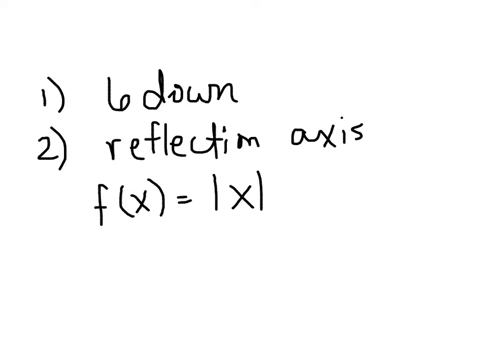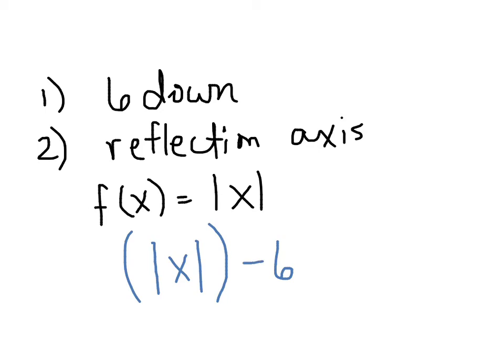Okay? So when we have something like this where it says a translation 6 units down first, followed by a reflection over the x-axis, first of all, your 6 units down would be, remember we're inserting parentheses around the whole thing and we're putting a plus 6 on the outside. No, sorry, not plus 6. A minus 6 because we're going down 6.